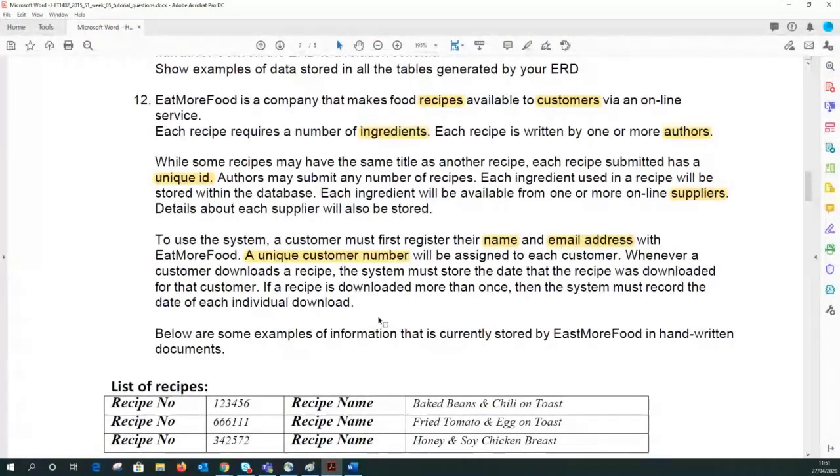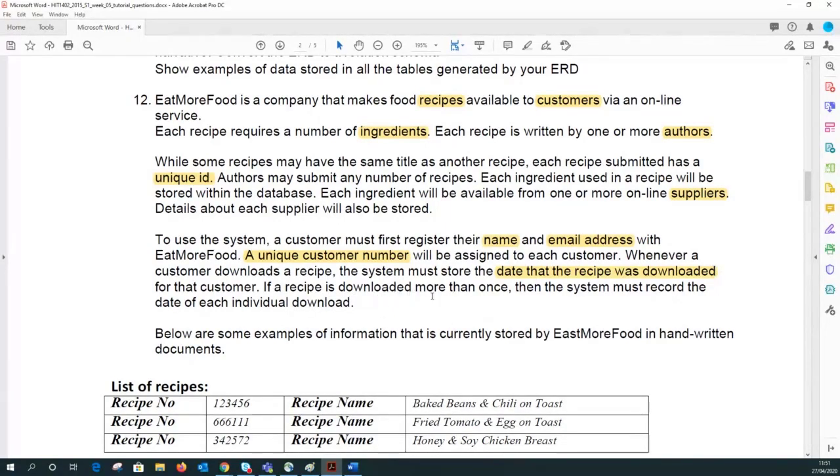So whenever a customer downloads a recipe, the system must show the date that recipe was downloaded. The date that the recipe was downloaded, right? That is important. So we need to record the downloaded date for that particular customer.